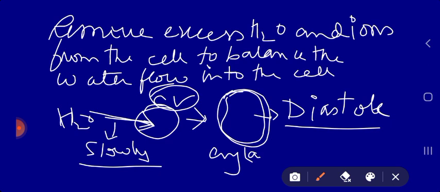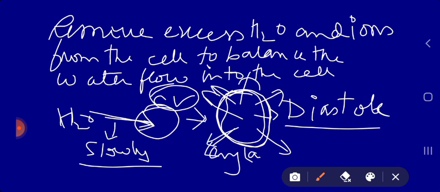And when it reaches its threshold, that means after that it will not be able to take the water, now the contractile vacuole will contract, which forms systole to release that water. So after the threshold value is reached, it will start to release that water. Now we will call it systole, and not diastole.